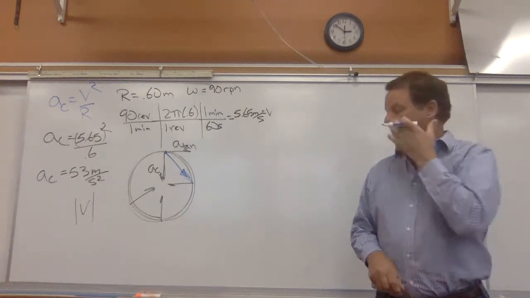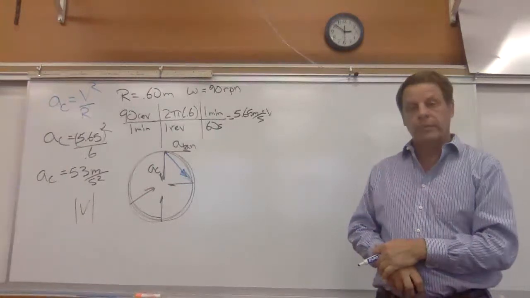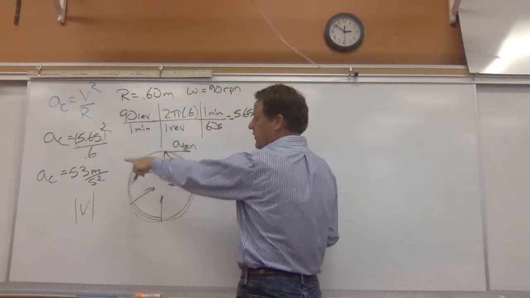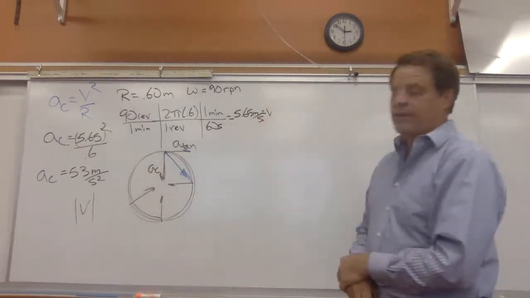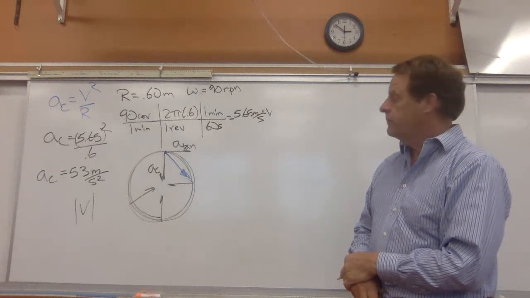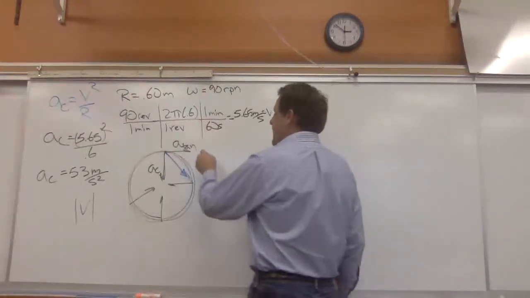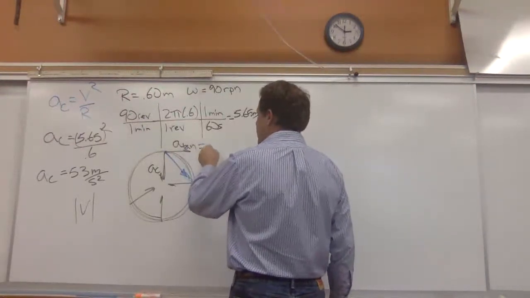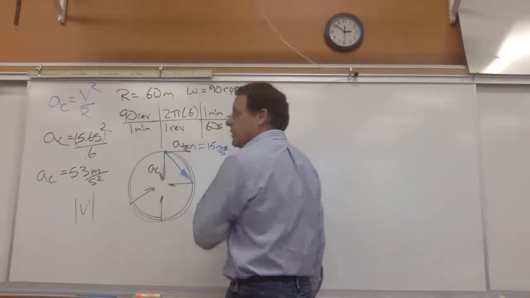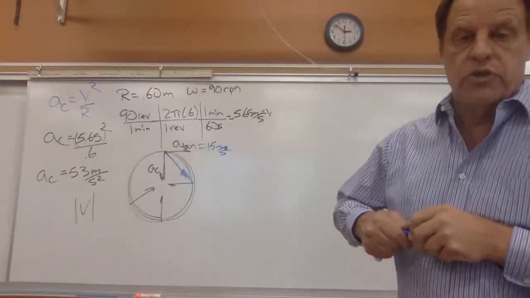So let's say that we had a centripetal acceleration that is equal to 53. Well, what if we had some sort of rocket on some object here, and it had an acceleration of, let's say, 15 meters per second squared, then what would the overall acceleration be?